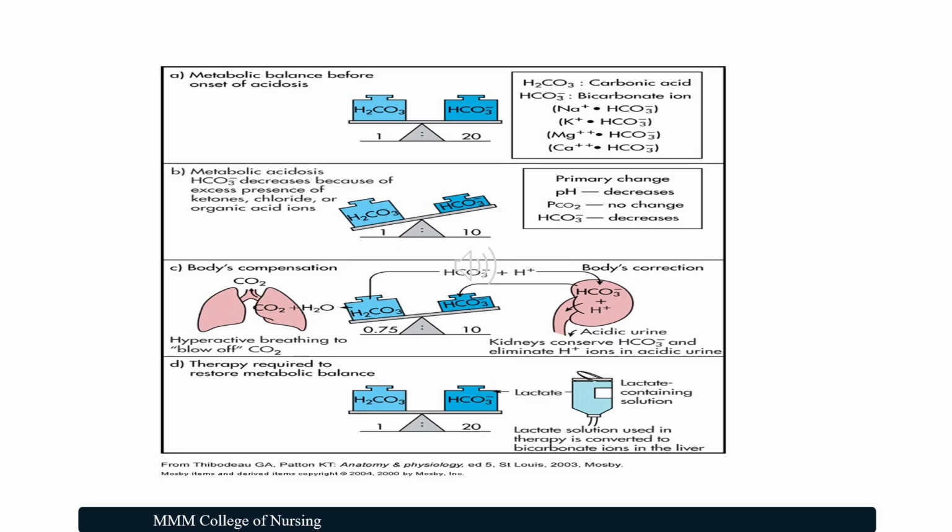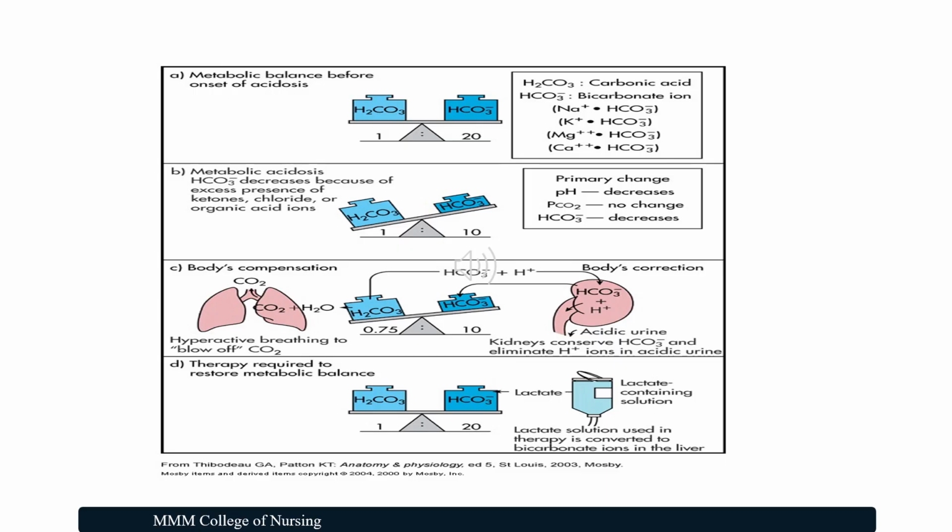In this picture we can see that when the metabolic balance is there, before the onset of acidosis, the ratio between the carbonic acid and the bicarbonate is 1:20. Whereas when there is metabolic acidosis, the bicarbonate level decreases due to the presence of ketones or chloride or any organic acid ions.